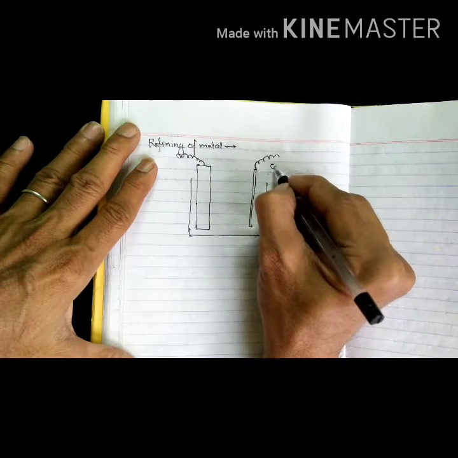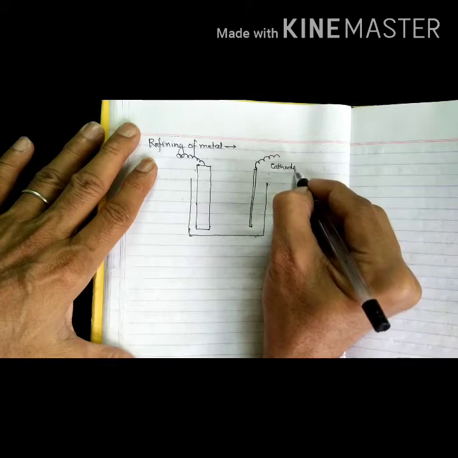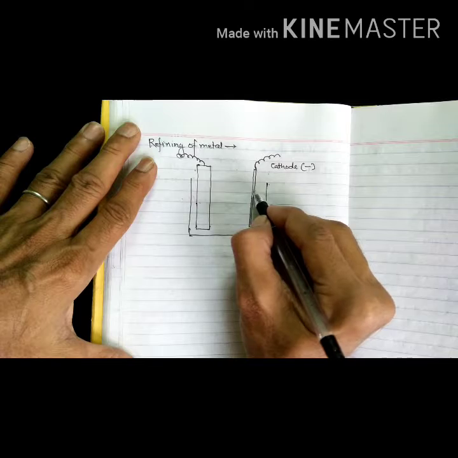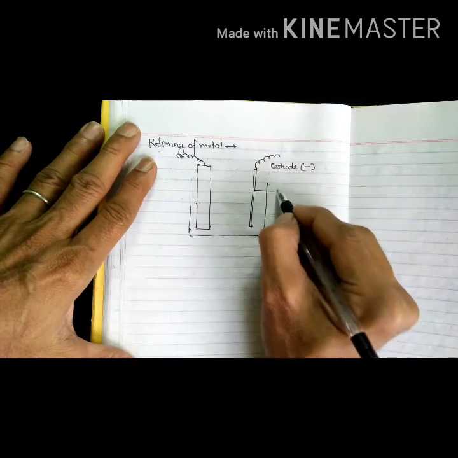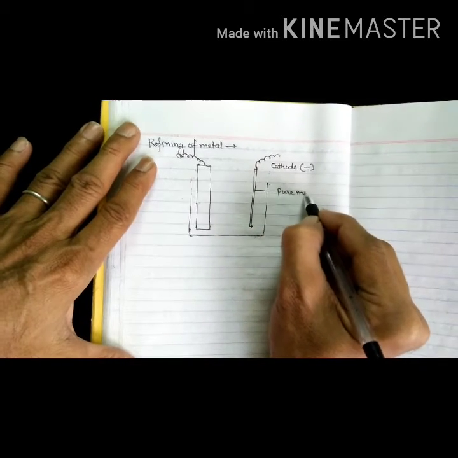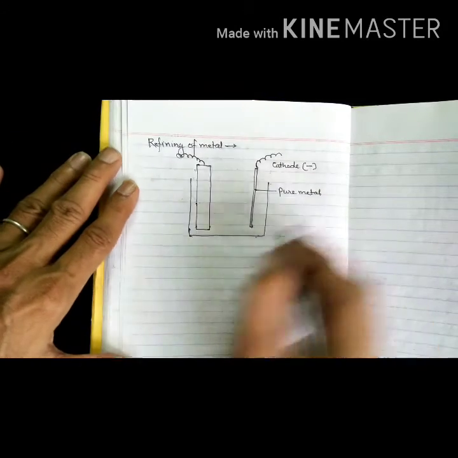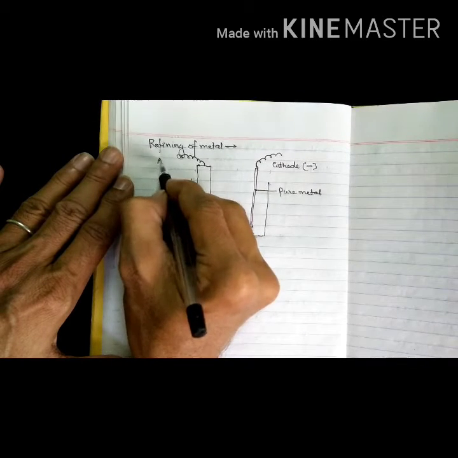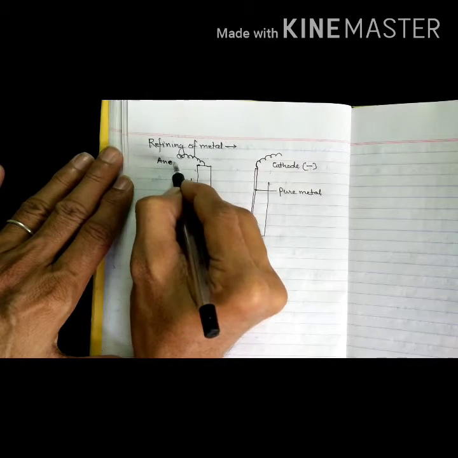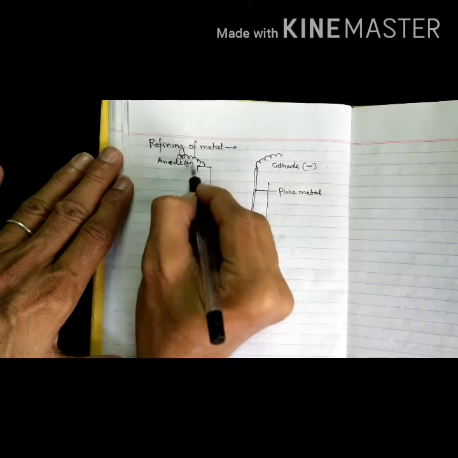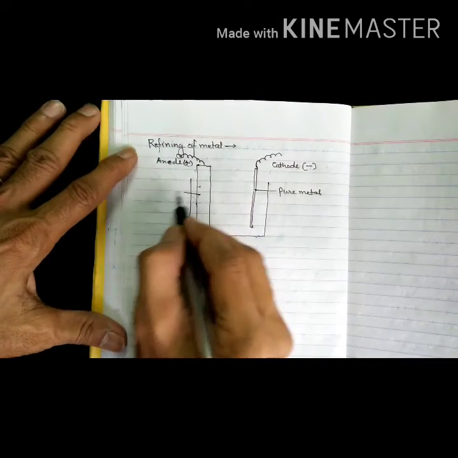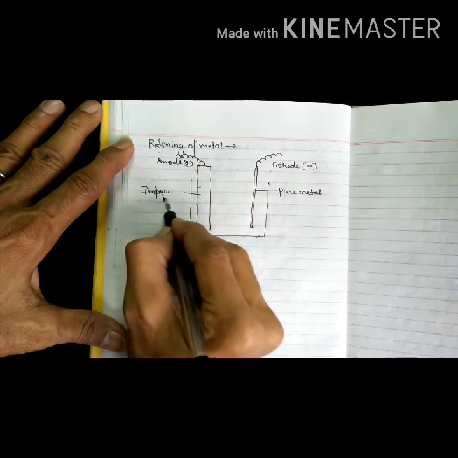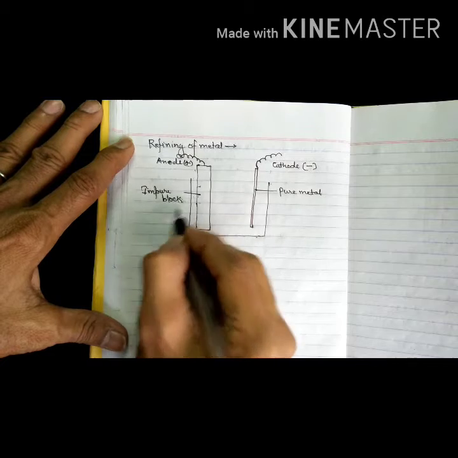So, this should be the cathode, that is the negative terminal of the battery, and this should be the pure metal rod. And this is always made the anode, that is the positive terminal, and this is the impure block of the metal.